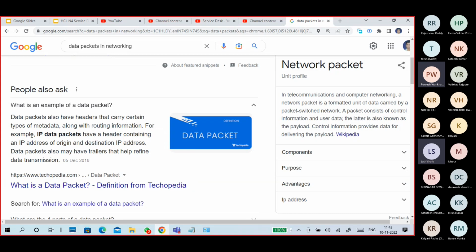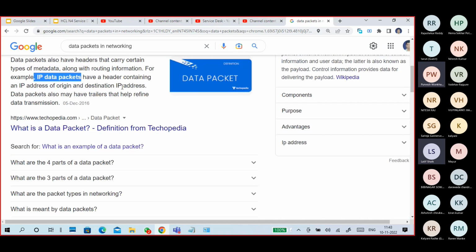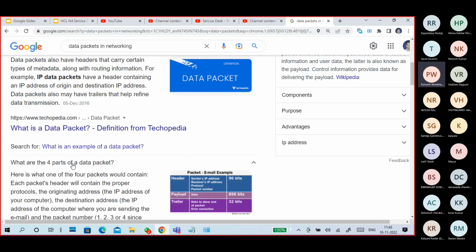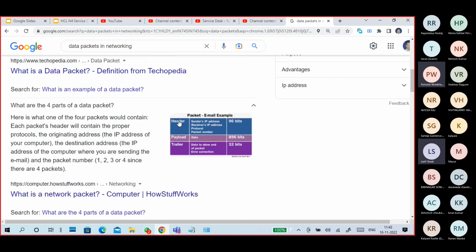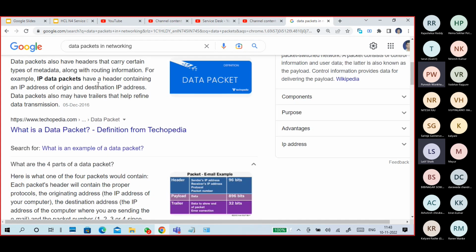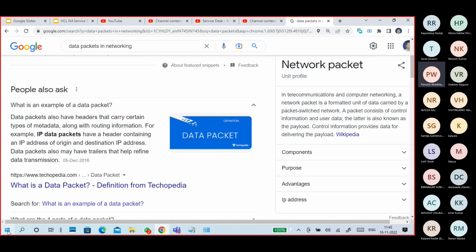For example, IP data packets have a header that contains the IP address of origin and destination. Yes, last time what I told is the same. Like this, every packet has these additional parts like header, payload, trailer.